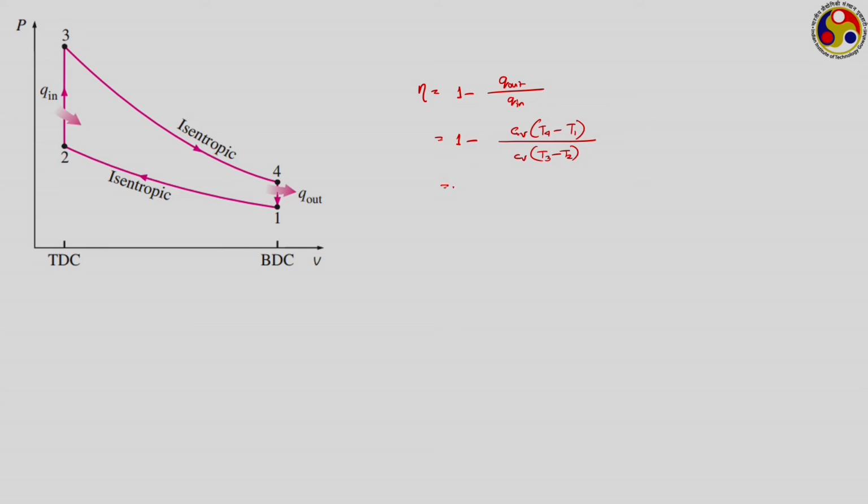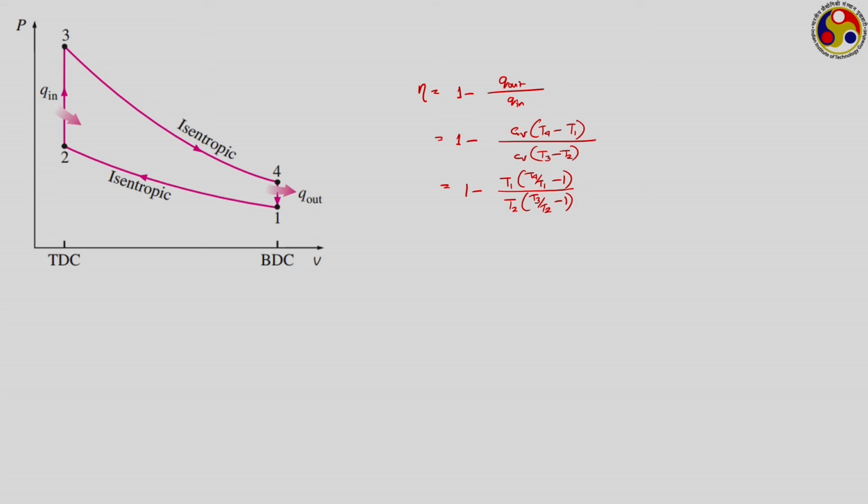So, Cv cancels out, and by taking T1 common from the numerator and T2 from the denominator, we can write this as T1 into (T4 upon T1 minus 1) by T2 into (T3 upon T2 minus 1).